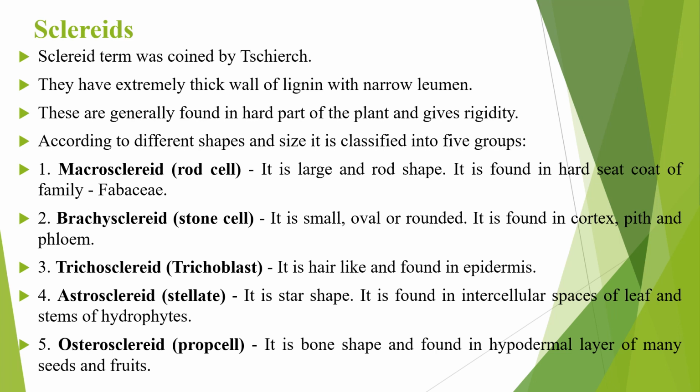Trichosclereids are generally found in the epidermis. Asterosclereids, that is stellate or star-shaped, are found in the intercellular spaces of leaves and stems of hydrophytes. Osteosclereids, that is prop cells, are bone-shaped and found in the hypodermal layer of many seeds and fruits.